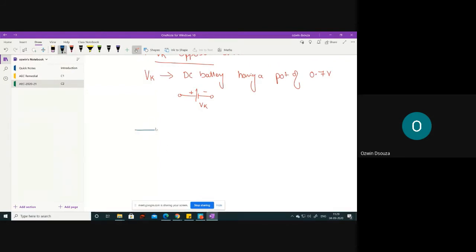First I have my ideal diode. Let us mark the terminals, anode and cathode. And then I am supposed to place the barrier potential, which I am going to represent with the help of a battery.